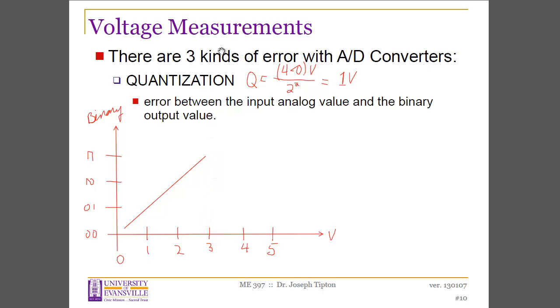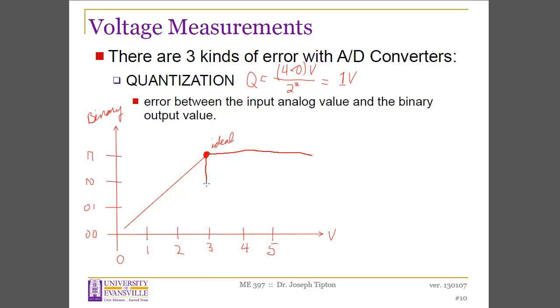And we'll label this as our ideal relationship. But in reality, we have the discrete nature of the digital world. And so what that looks like is, any voltage above 3 volts is going to be recorded as 1, 1 in binary.